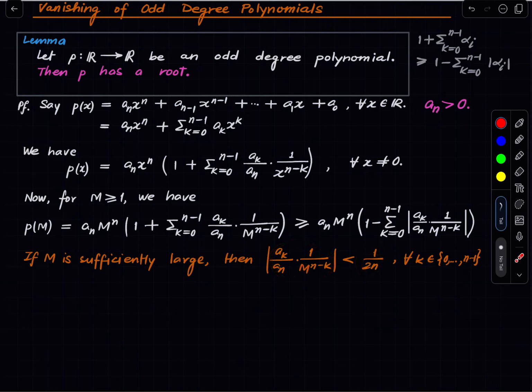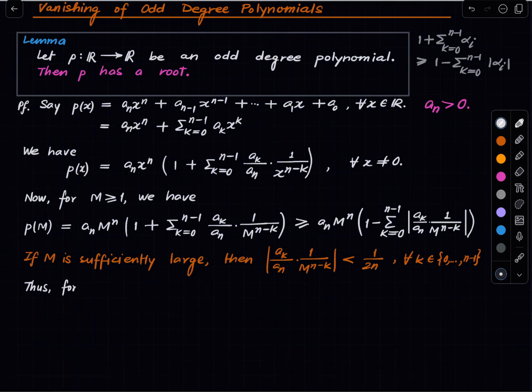You should be able to do this immediately by now, because if m is large, then these numbers go to 0, and hence the same is true for this. And since there are only finitely many things, you can say it for all of them. So just justify this line.